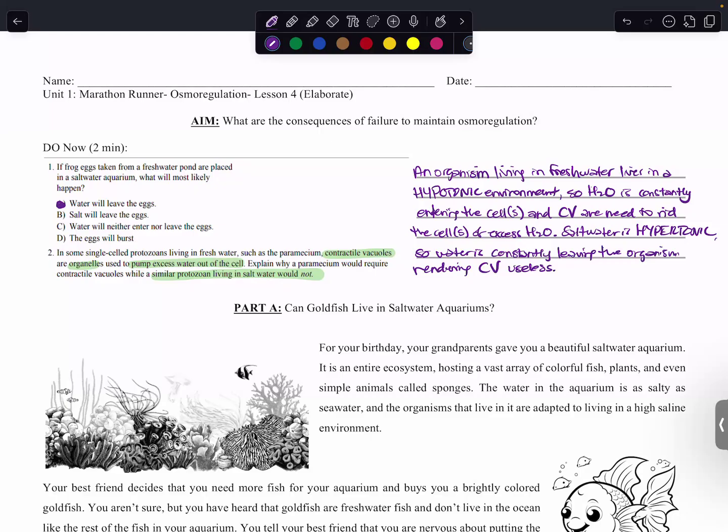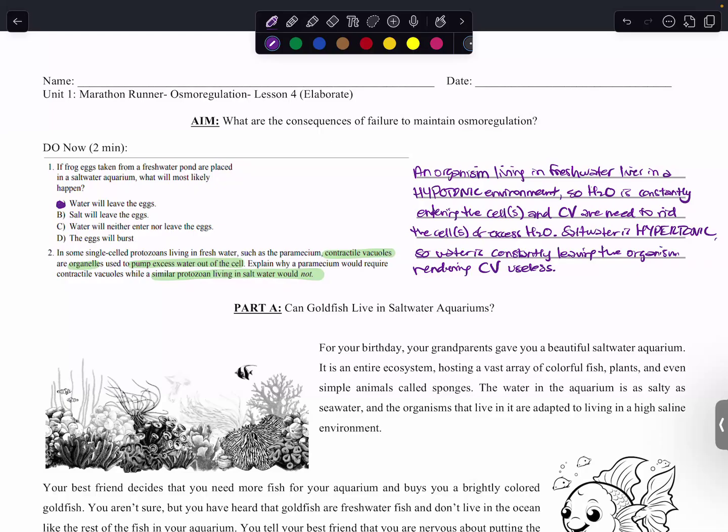If water is already leaving the organism in a saltwater environment, then there's no need for contractile vacuoles at all, because the function of contractile vacuoles is to pump out excess water. But if water is already leaving, you don't need help getting rid of anything that's excess. If anything, they need help retaining it, right?